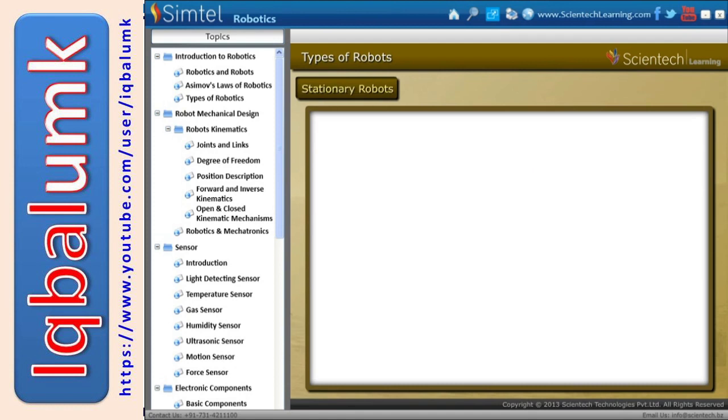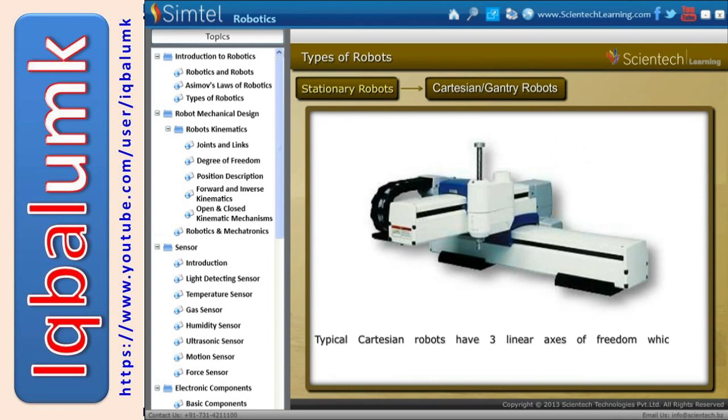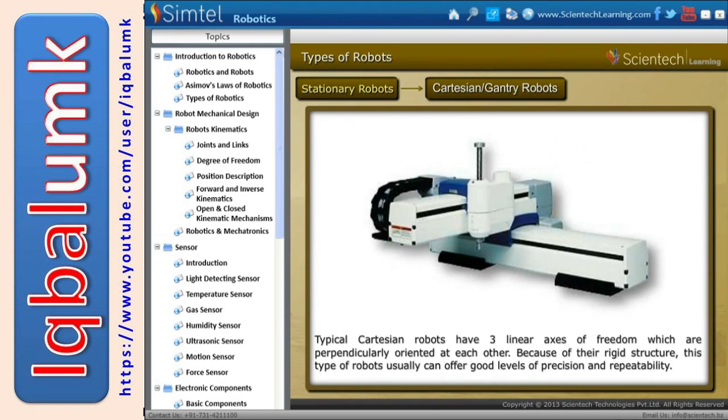In robot by locomotion, first is stationary robots. There are various types of stationary robot as we see in animation. We will discuss each, one by one. First we take Cartesian robots. Typical Cartesian robots have three linear axes of freedom, which are perpendicularly oriented at each other.